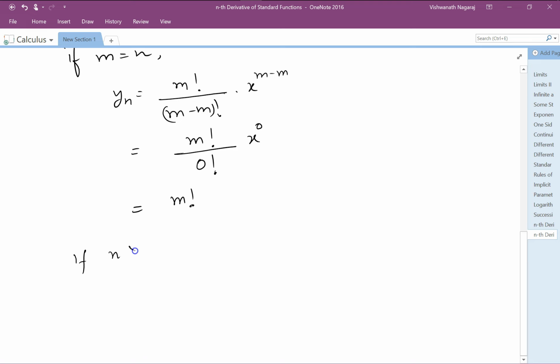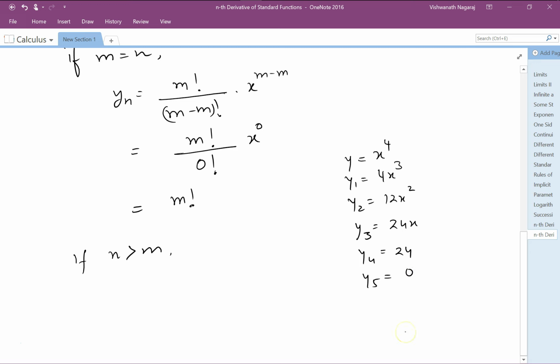Now if n is greater than m, what happens then? Without actually trying to substitute it, just look at it logically. Let's say we have x to the power of 4. So y1 would be 4x cubed. y2 would be equal to 12x square. y3 equal to 24x. y4 is equal to 24. y5 equal to 0.